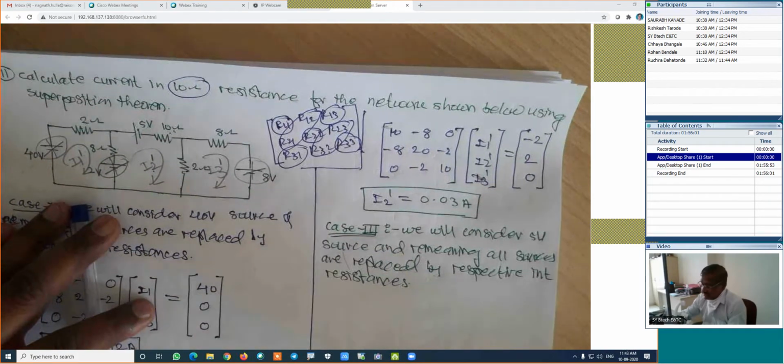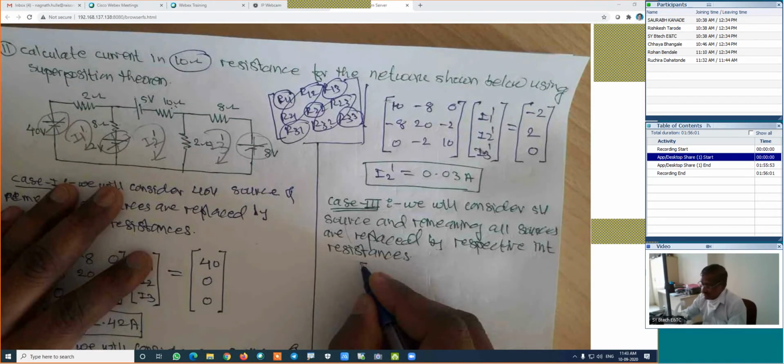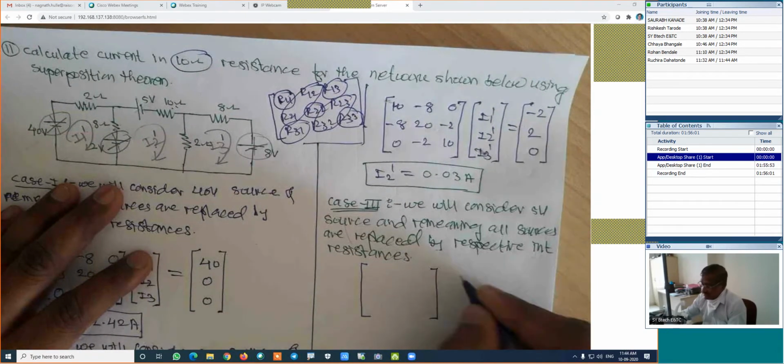How will be its matrix? Look at here. Its matrix will be something like this. See.